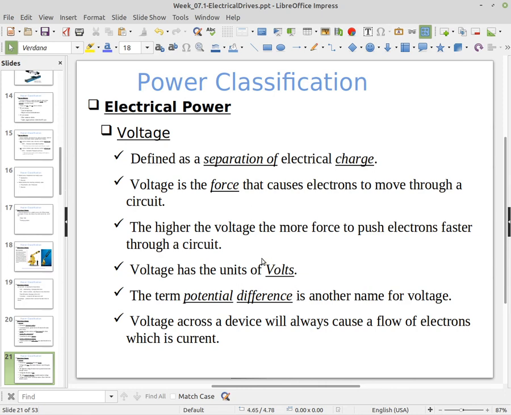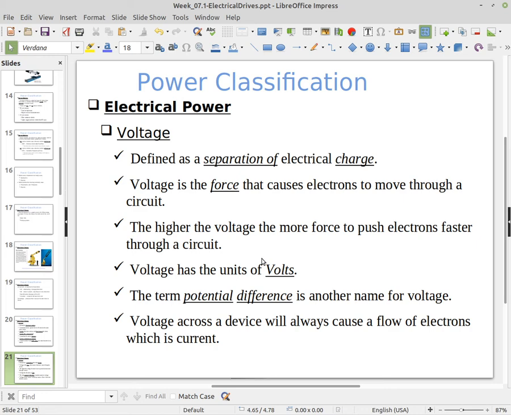Voltage is defined as a separation of charge. So you get a positive charge on one side and a negative charge on the other, and you've got this separation of charges. The opposite charges are attracted to each other, and that gives you the force where they want to come back together and balance the charge.